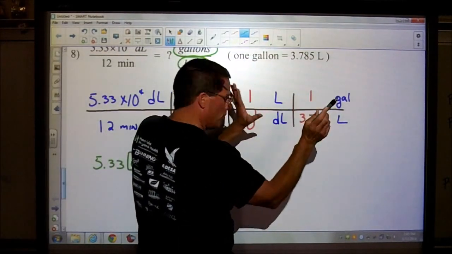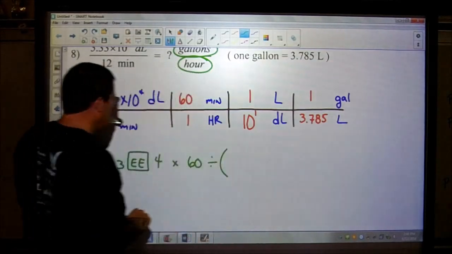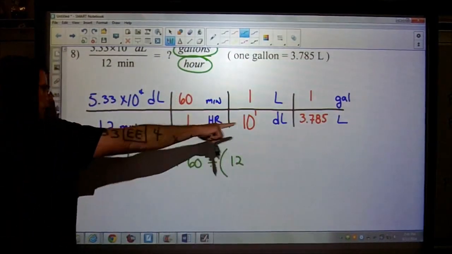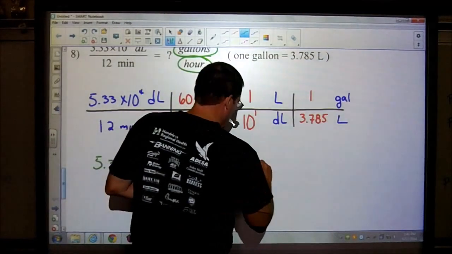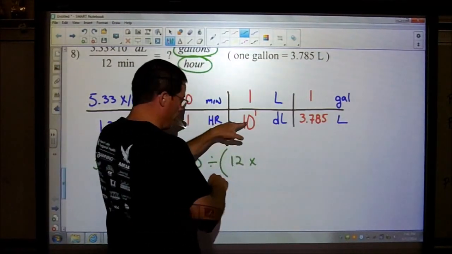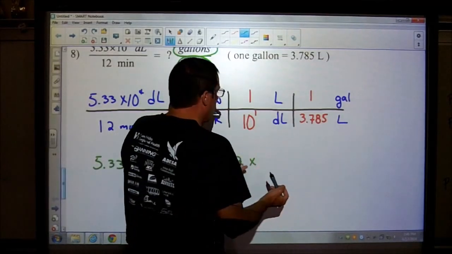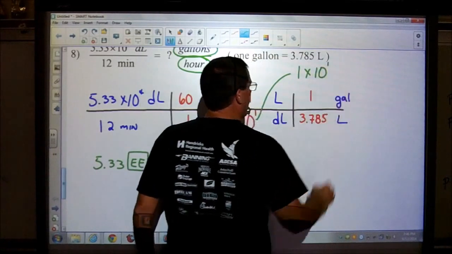Times 1, don't need to show that unless you're dying to. Divided by 12, since it is there. So I'm going to multiply everything on the bottom. 12 times 1, don't need to show the 1. Times 10 to the 1, which is really 10. So if you want to write in 10, that's fine. But if you're getting into the habit, this is 1 times 10 to the 1.